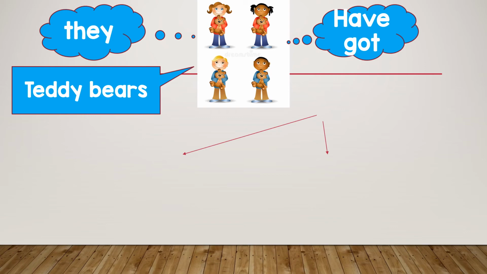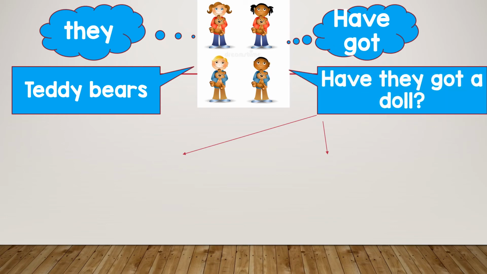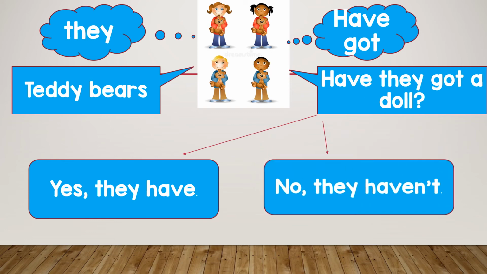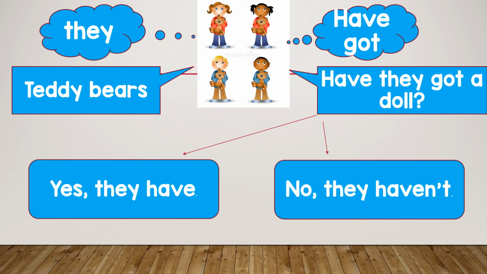So we can ask a question like this: Have they got a doll? If the answer is yes, the answer should be yes, they have. If the answer is no, the answer should be no, they haven't.